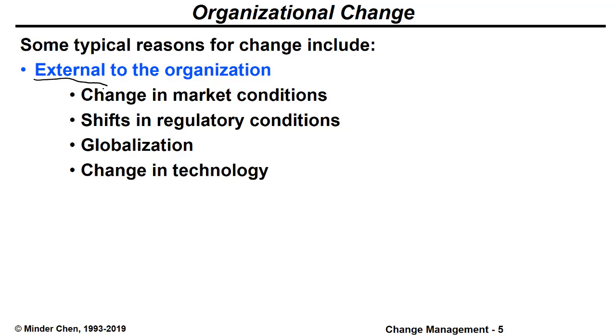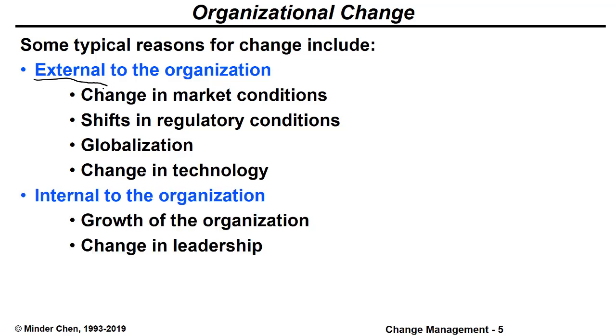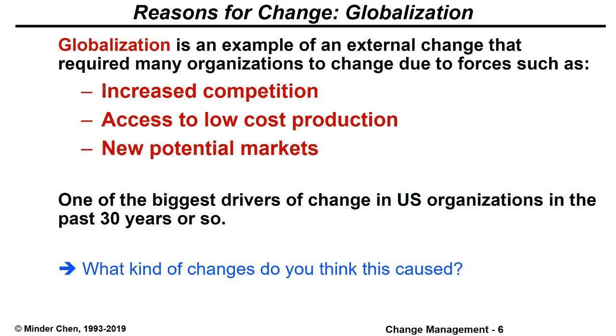Technology change sometimes impacts many organizations greatly, and that's something they need to deal with. There are internal factors that cause changes. One is the growth of the organization, which needs to grow out of the startup mode. Also, a change in leadership a lot of the time causes major changes in the organization, because a new leader brings a new way of doing things.